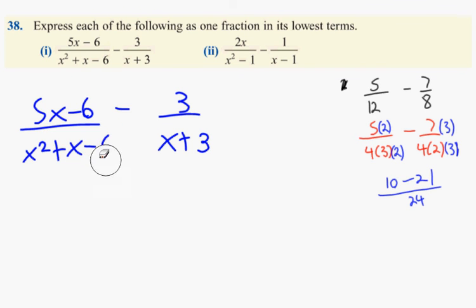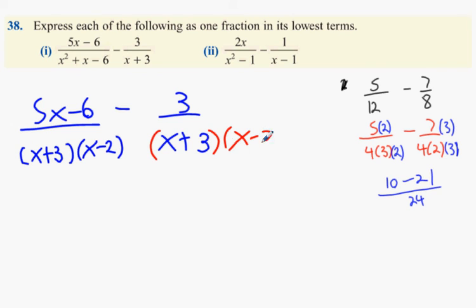So I'm going to rub that out and I'm going to factorize it. x plus 3, x plus 3, x minus 2. Somebody tell me my next step. The denominator on the right hand side is saying, what does the denominator on the left have that I don't have? So what does it have? x minus 2. x minus 2. Top and bottom, yeah?